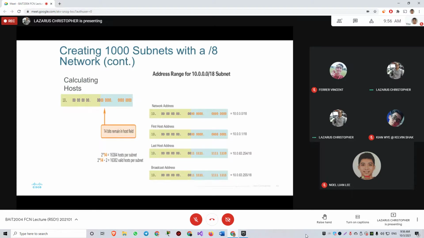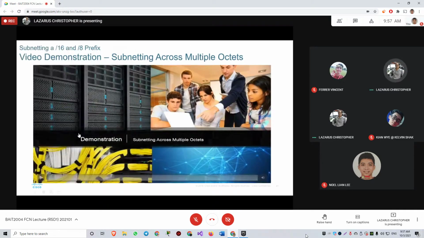Okay, and you can see here the formula is still the same, right? So you can apply once you know the /24 basically, and then you deal with /16. You can apply the same technique for /8. Right, you just be careful because the values are larger. But if you use the same technique, you should not have any problems with it.